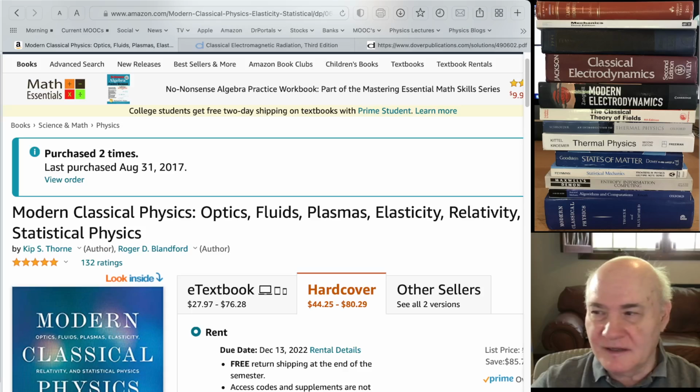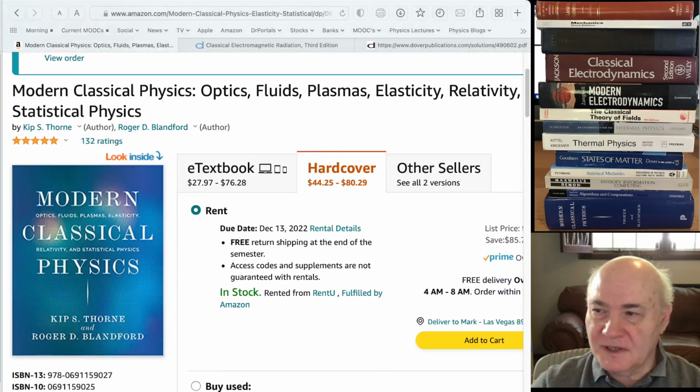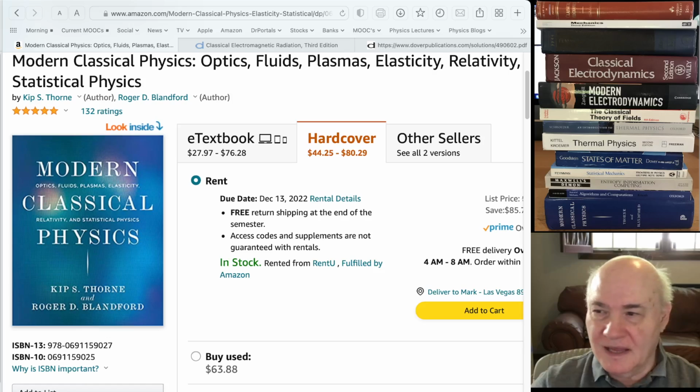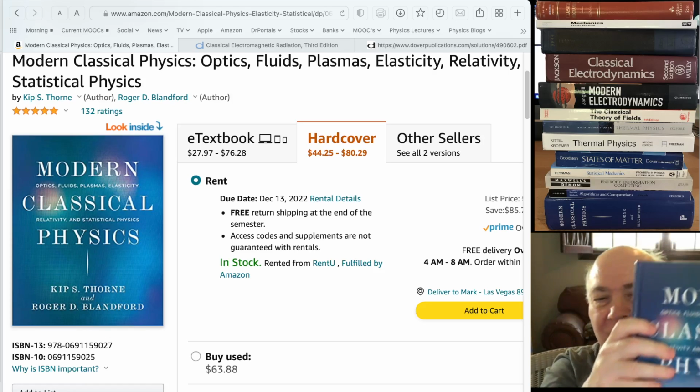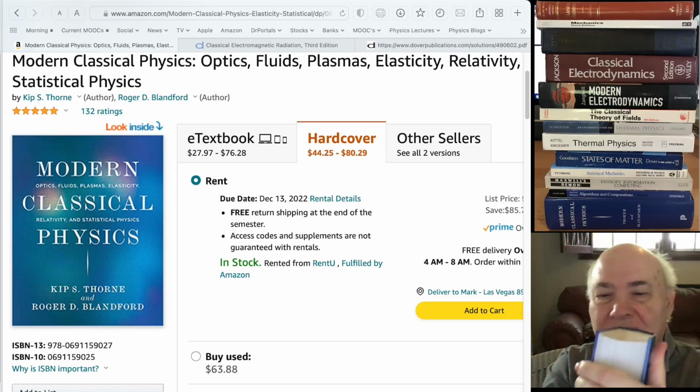I remember in 1980, they would pass out notes and say they will eventually publish the book, and it finally came out around 2017. It's a 1,500-page book. It's very thick and very heavy. I'll show it to you here. How thick it is. You can see it.